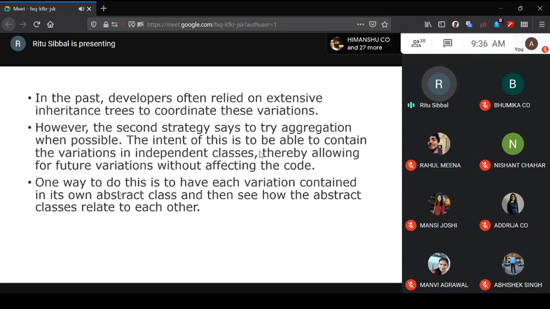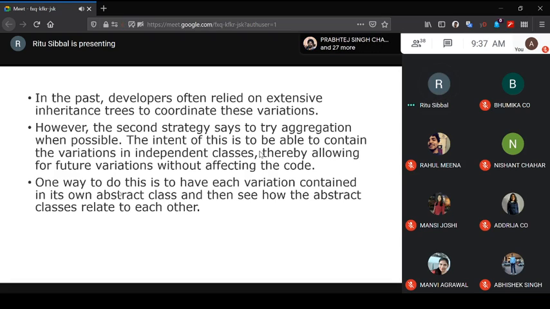That is a very normal and common tendency, to handle variations through inheritance hierarchies. But we see that it's not an advisable strategy. So we try to use aggregation wherever possible over inheritance. We will not do away with inheritance, but we will use it rightly instead of abusing it or using it everywhere.